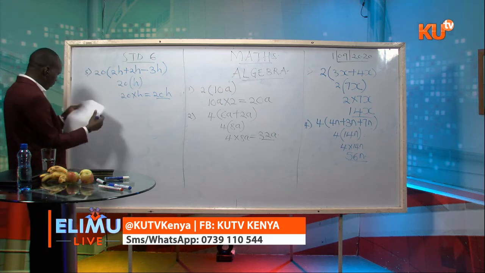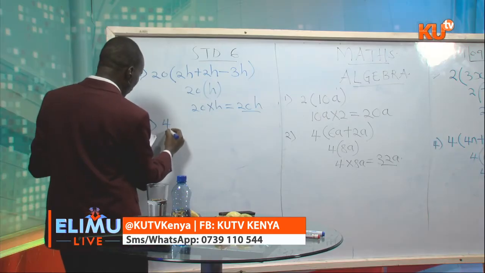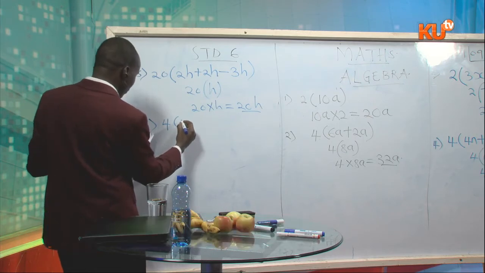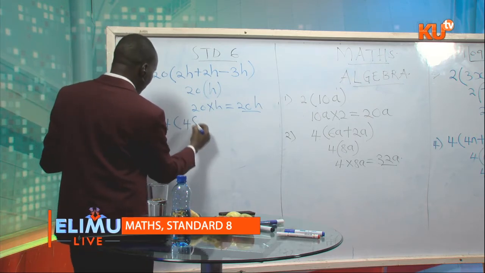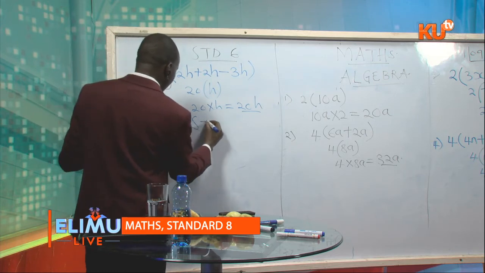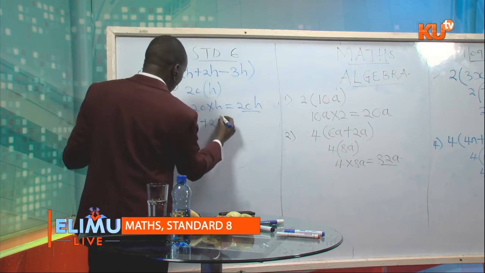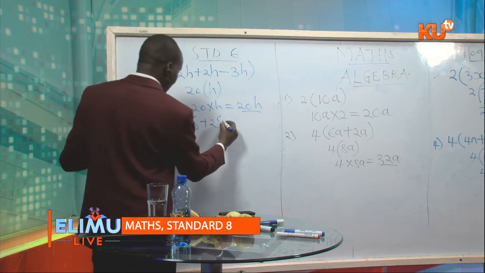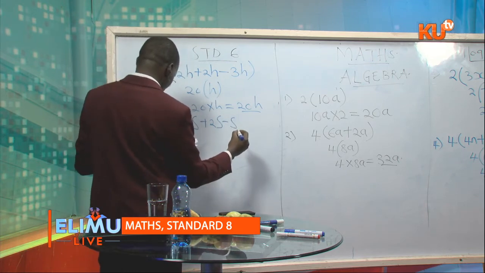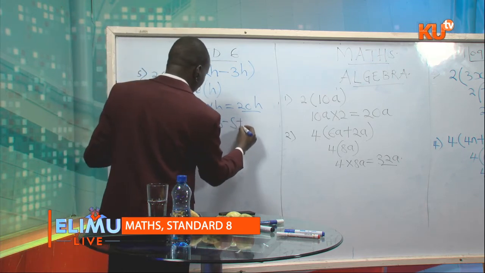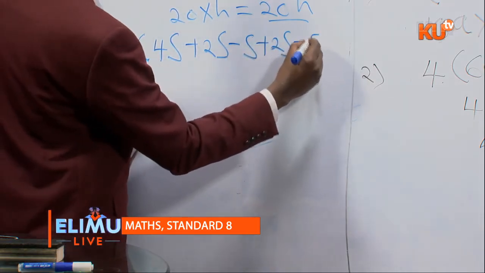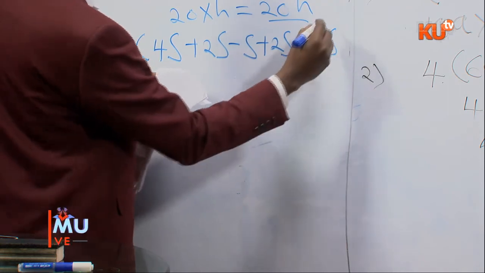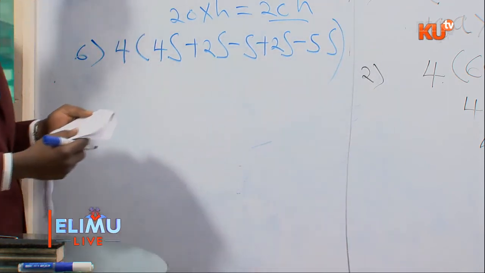Our next example is 4, open the brackets, 4s plus 2s, take away s, plus 2s, subtract 5s, close the brackets.